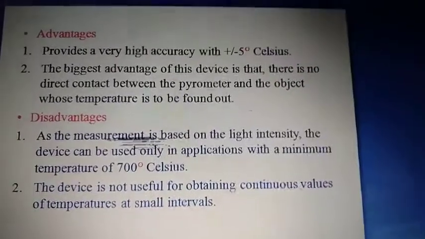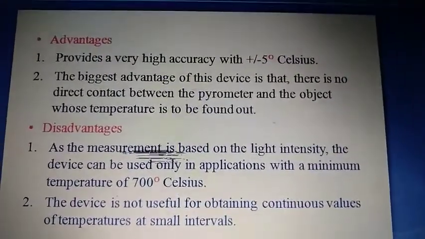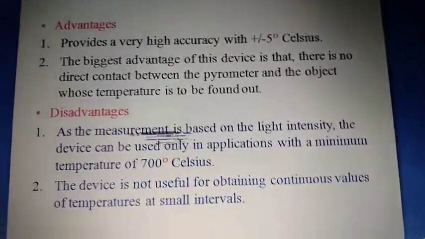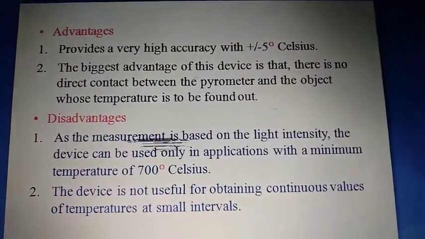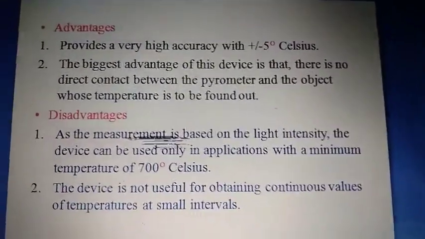The advantages. If you see, there is no physical contact between the instrument and the temperature source being measured. That is one advantage. The accuracy is very high, plus or minus 5 degrees centigrade.